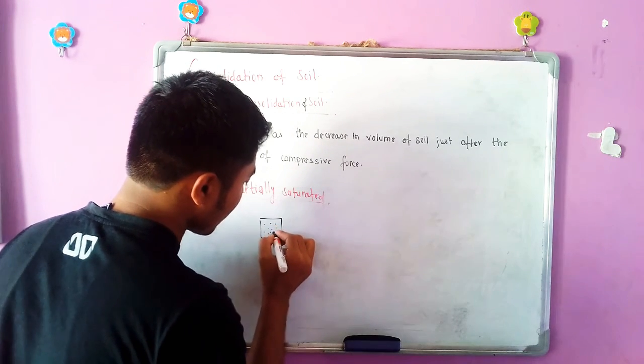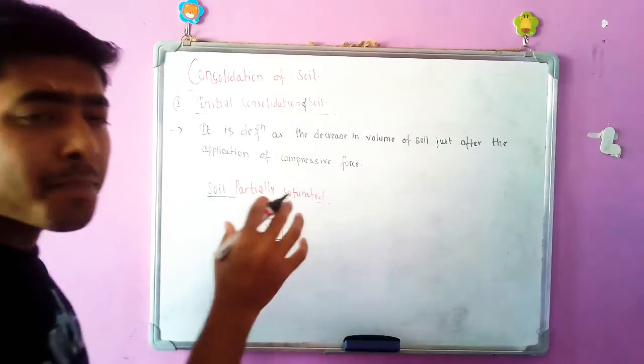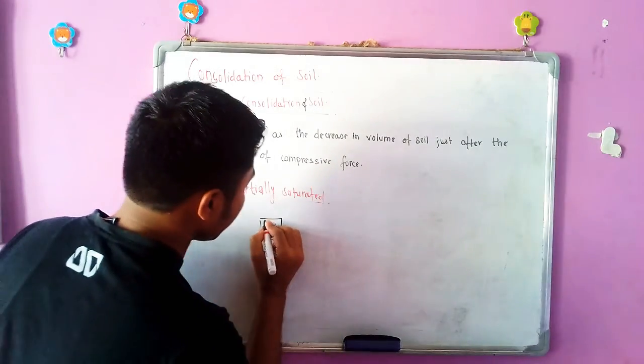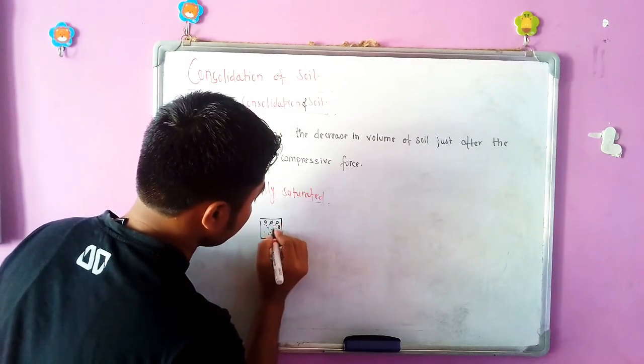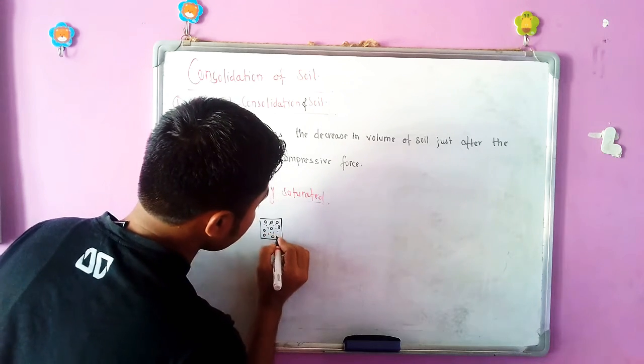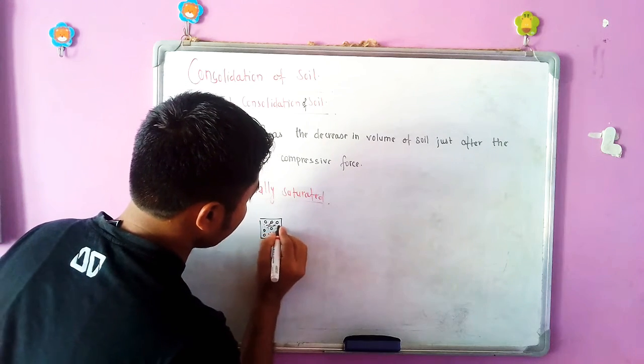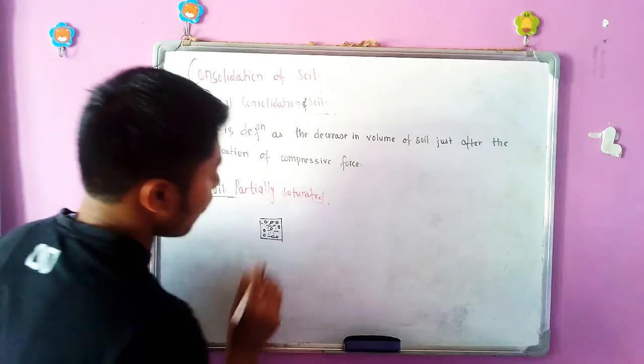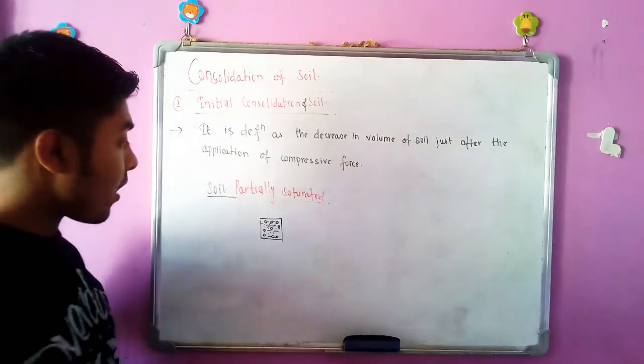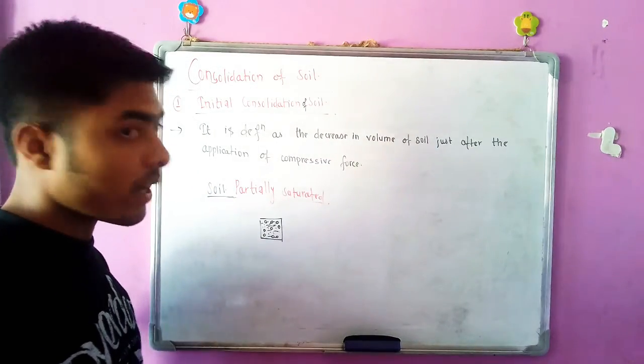If this is a soil sample, partially saturated means there is both air and water. Some amount of water and some amount of air.